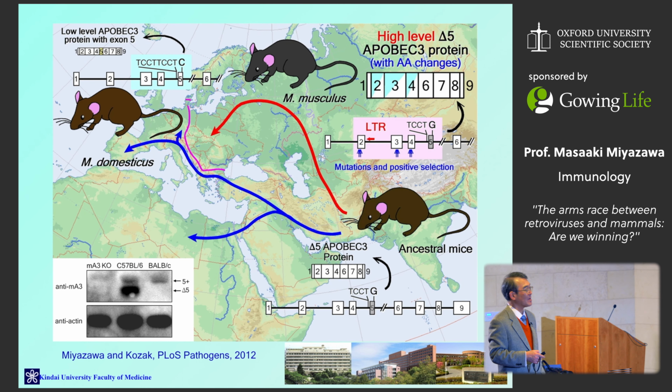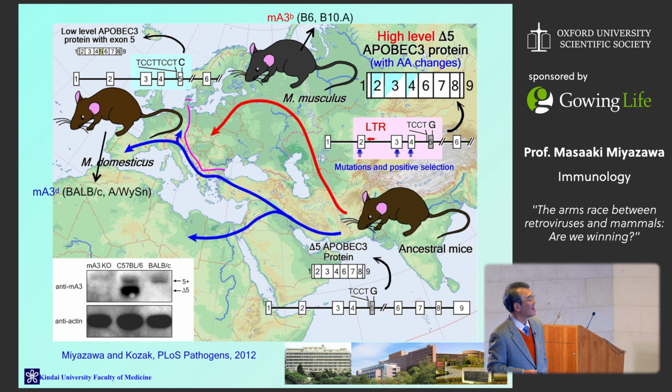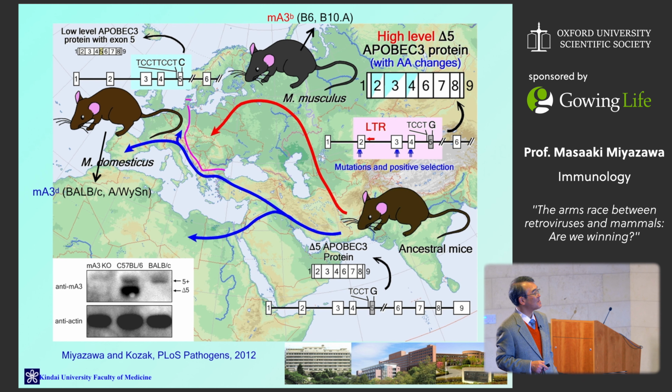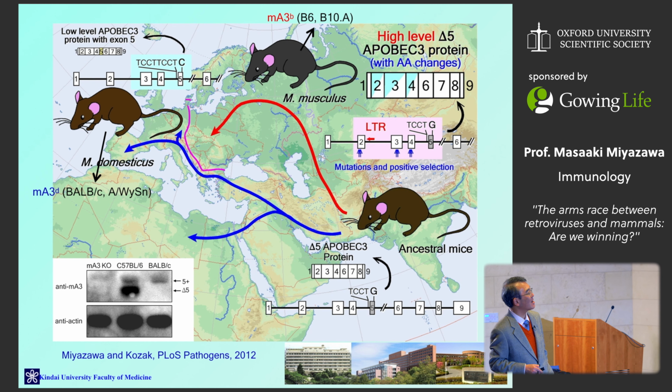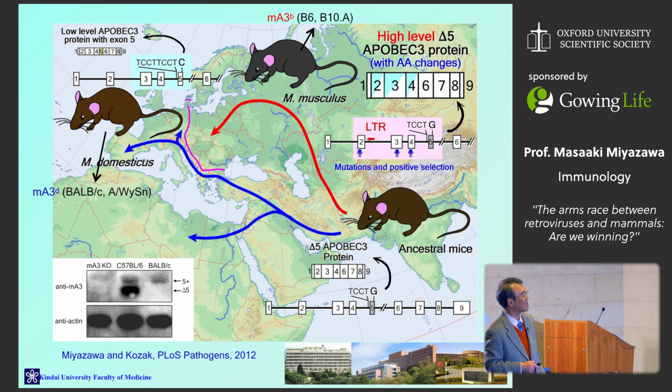How did it happen? It's known that the ancestors of current mice were born in the Indian subcontinent. And those ancestral species of mice migrated into the Eurasian continent taking two different routes.